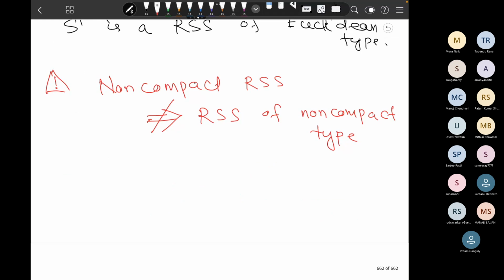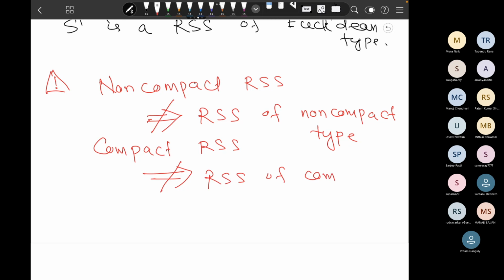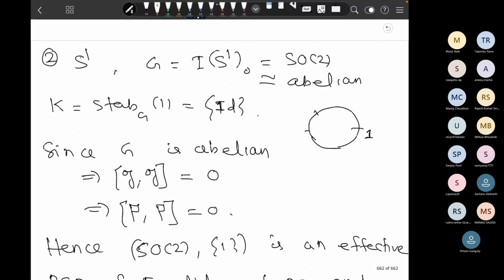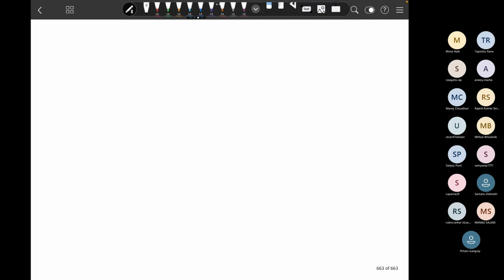Similarly, a compact RSS doesn't really imply an RSS of compact type, because you have seen that S^1 is a compact Riemannian symmetric space, but it is not a Riemannian symmetric space of compact type.